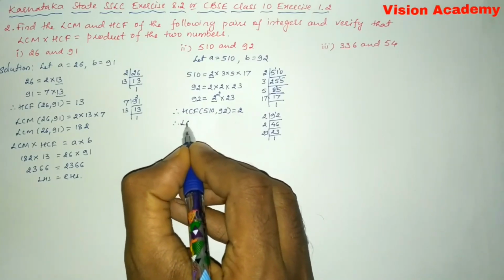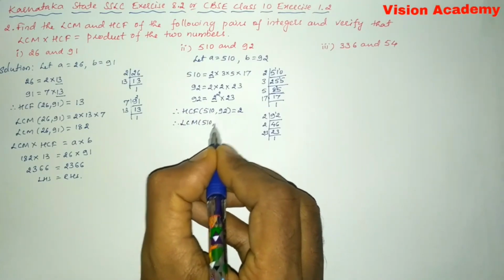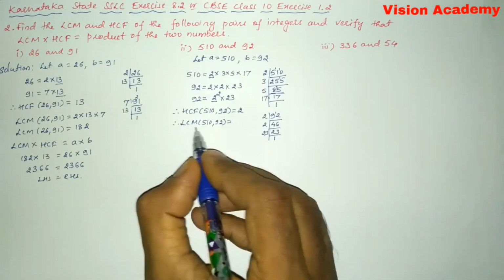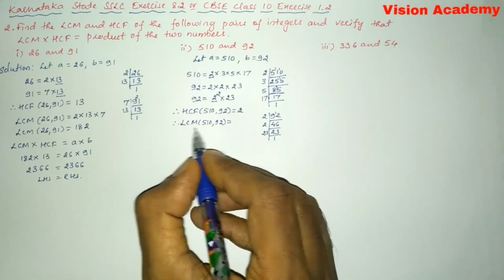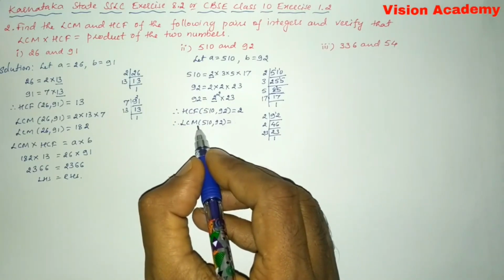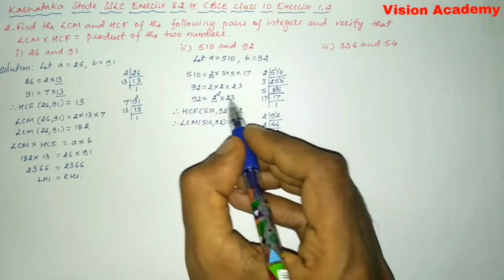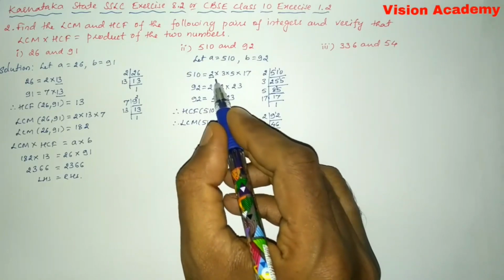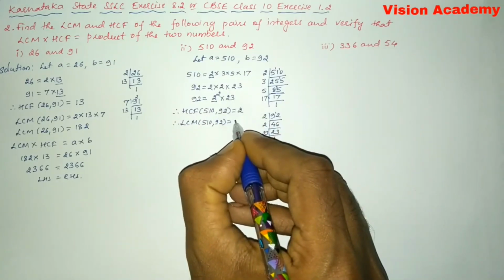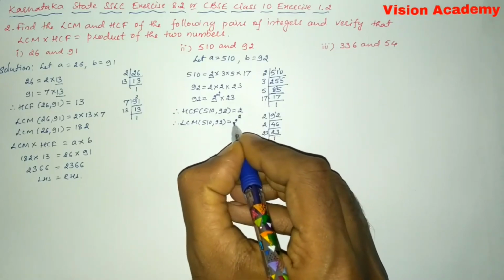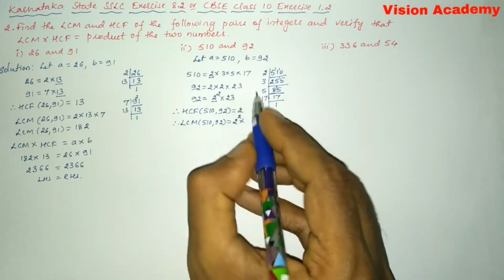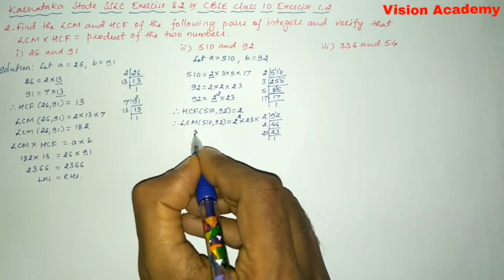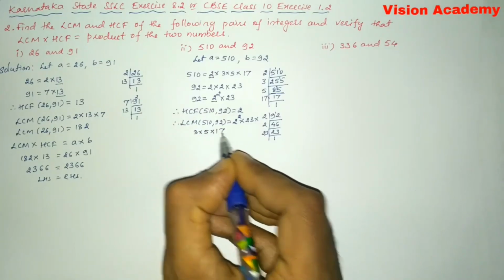So therefore LCM of 510 comma 92 is equal to, the definition of LCM says that the product of the highest powers of all the prime factors in the number. So here we have to consider 2 to the power 2 into 23, next into 3 into 5 into 17.